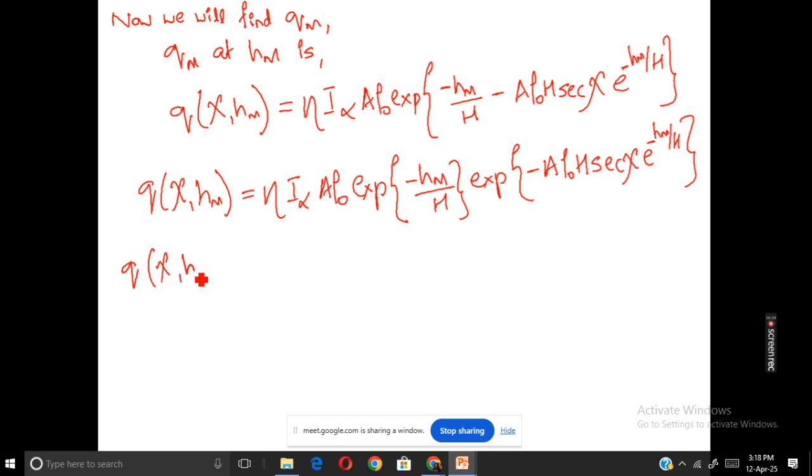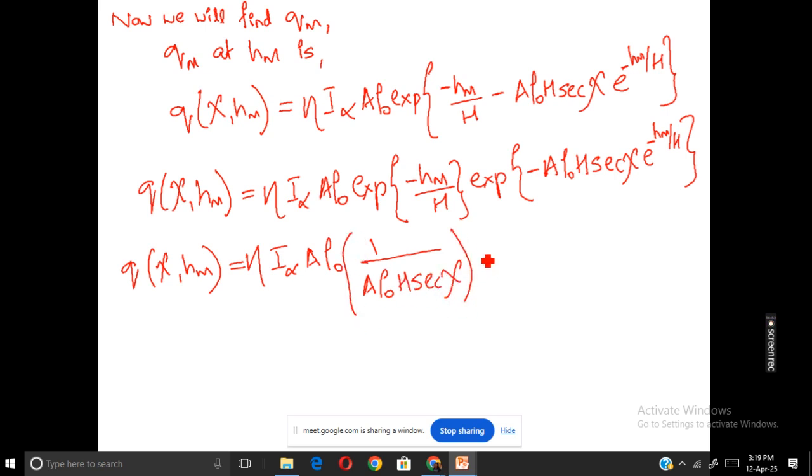So Q of χ, hm is equal to η I infinity a ρ0. Instead of exponential of minus hm by H we will write 1 by a ρ0 H c χ into exponential of minus a ρ0 H c χ. Here also we will substitute.